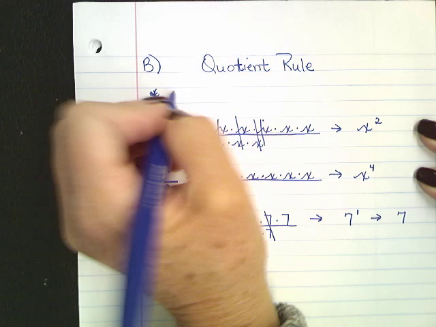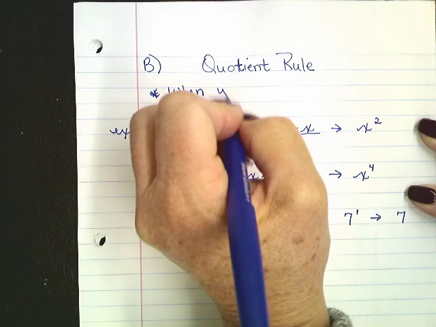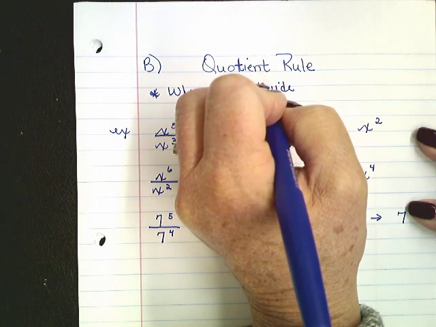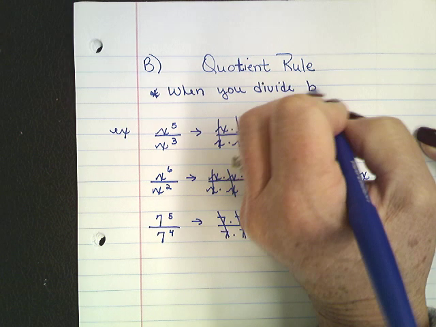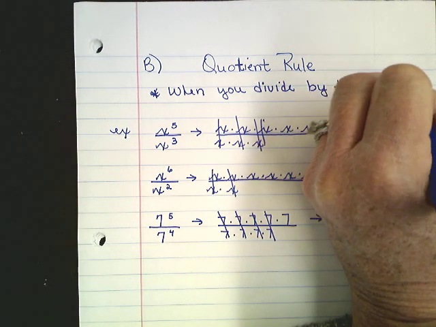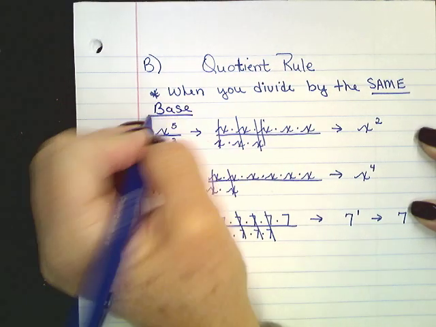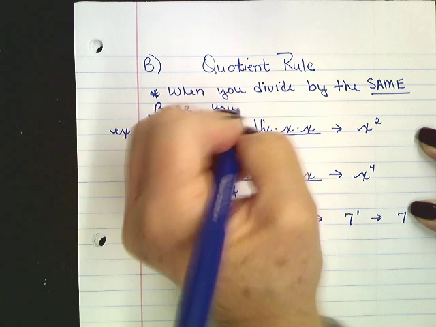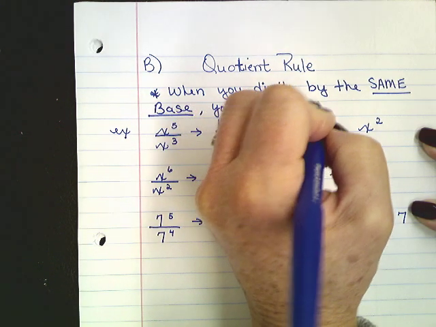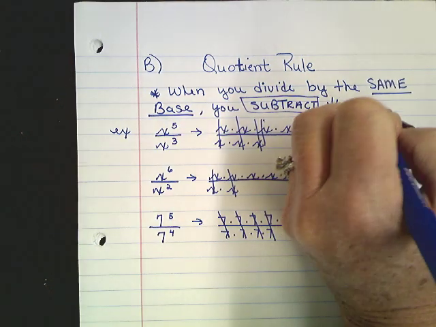So hopefully you have seen that when you divide by the same base, again, it has to be the same base, you subtract the exponents.